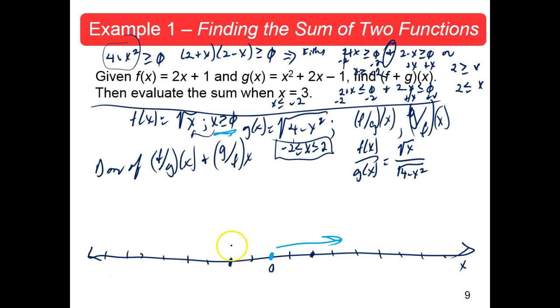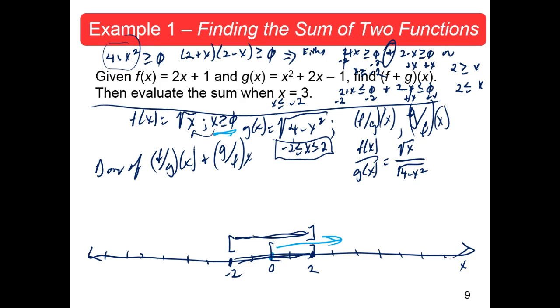This was everything between -2 and 2. So it's only the stuff in here. What's common for those? 0 to 2. You got it. So the things common to those two are 0 to 2.